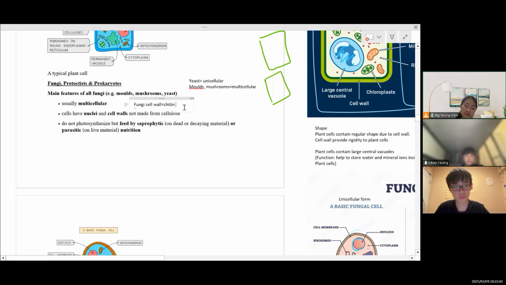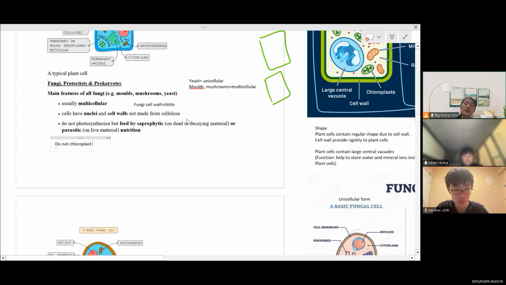So fungi are not like plant cells. Plant cells are able to perform photosynthesis, but fungi are unable to perform photosynthesis because they do not contain chloroplast like plant cells. So they do not undergo photosynthesis, but they perform saprophytic nutrition. Saprophytic or parasitic nutrition.